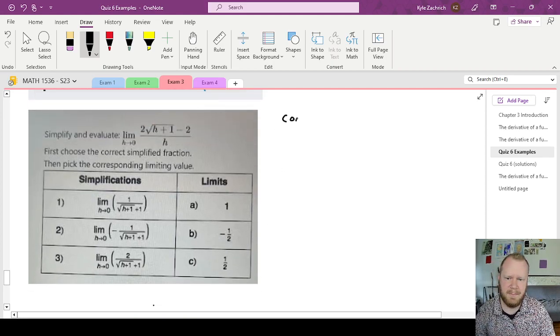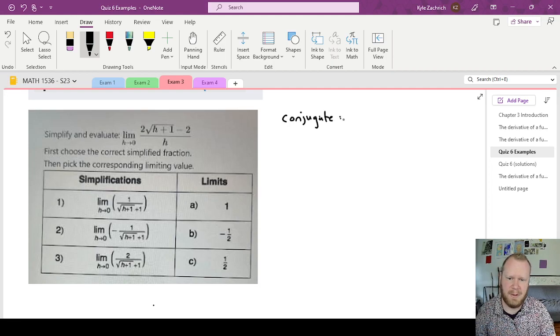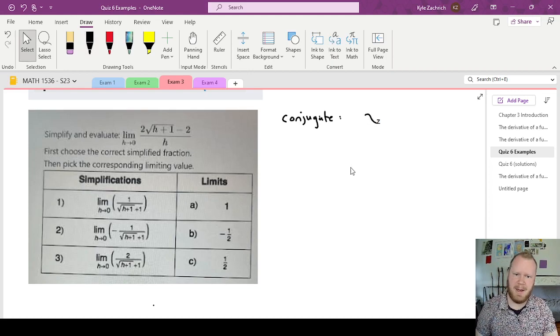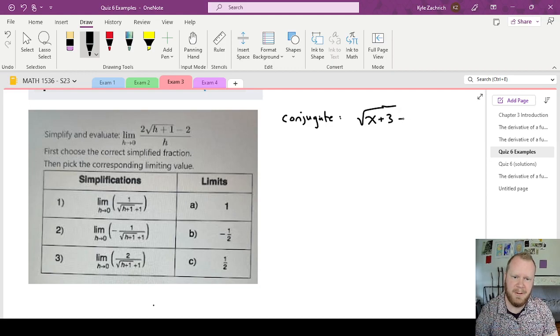So a conjugate works like this. It's just a pair that you have with something else. So if I tell you x plus 3, the conjugate is x minus 3. If I have square root of x plus 3 minus 17, then the conjugate is square root of x plus 3 plus 17.